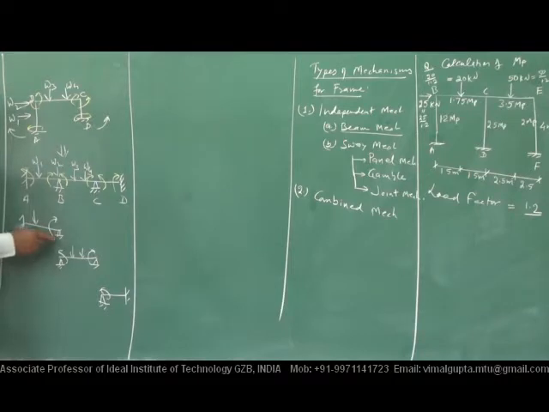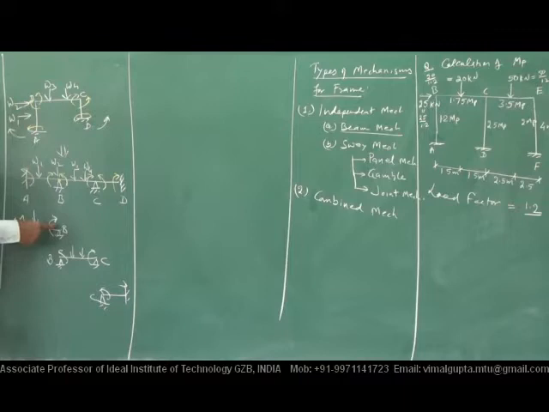So an individual mechanism has to be considered: this is for AB, this is for BC, this is for CD. The number of mechanisms here will be only one. And at collapse, what will be the value of that moment? That can be MP.